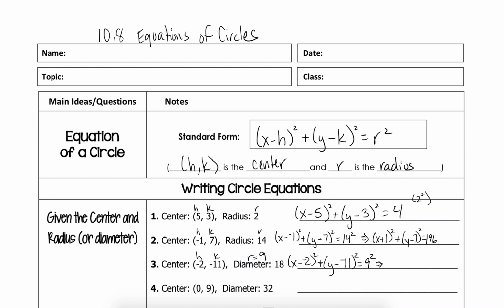When I simplify that a little bit, that gives me (x + 2)² + (y + 11)², oops, I forgot my parentheses, equals 9² is 81.